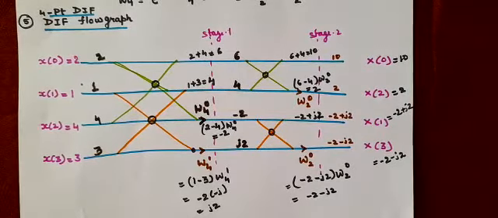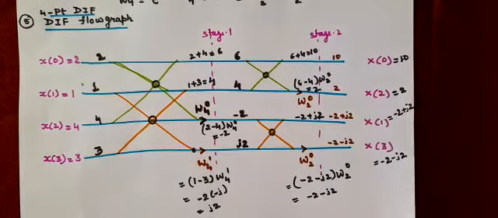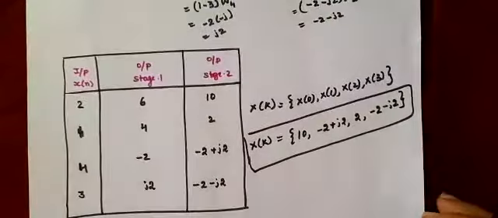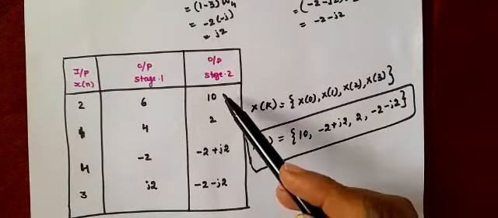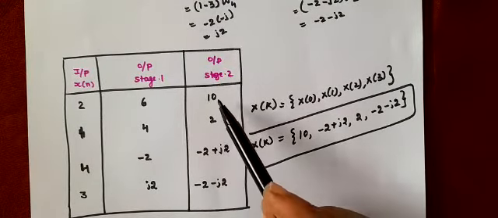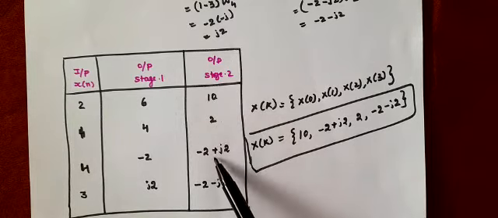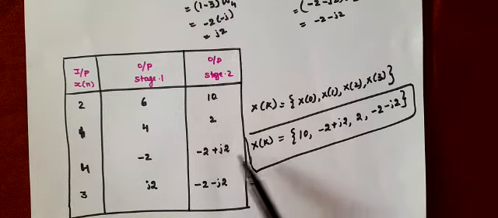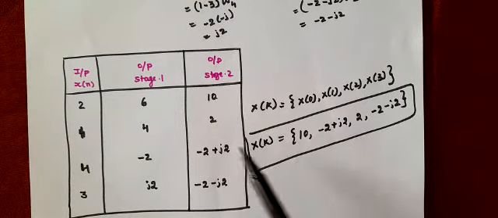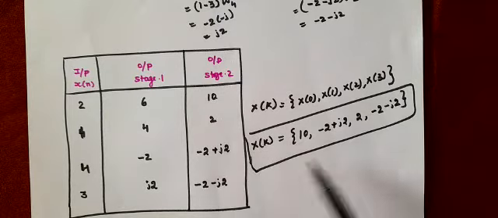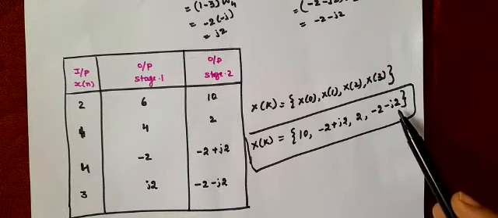So this is how we have to write the output in the natural order after doing the calculations. This is in the bit reversal order, so we have to take 10, then x of 1 minus 2 plus j2, then 2, and then x of 3, that is minus 2 minus j2.